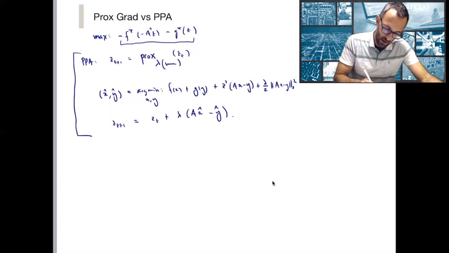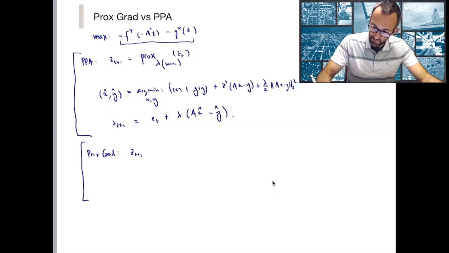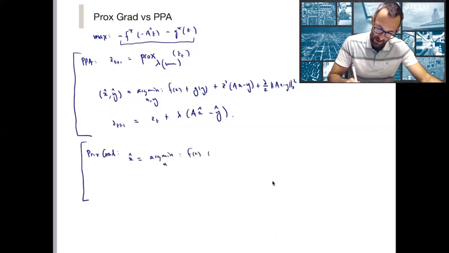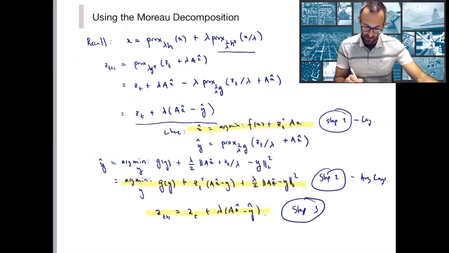And versus prox grad, zt plus 1 is... Prox grad tells us that x hat, I'm just basically copying from the previous slide, is the argmin over x of f of x plus z transpose Ax. y hat, we had it on the previous slide, is equal to the argmin of g of y plus this term.